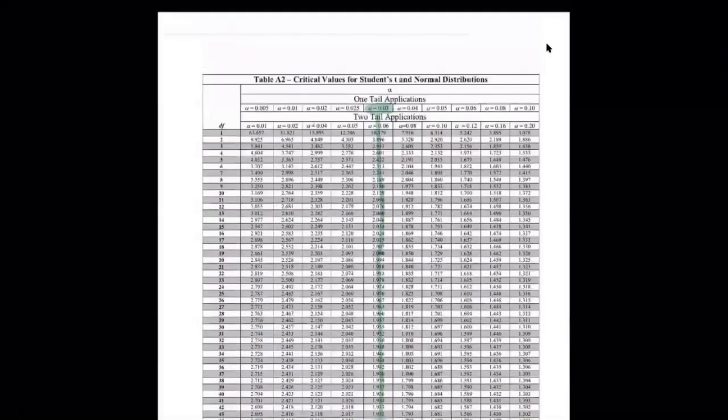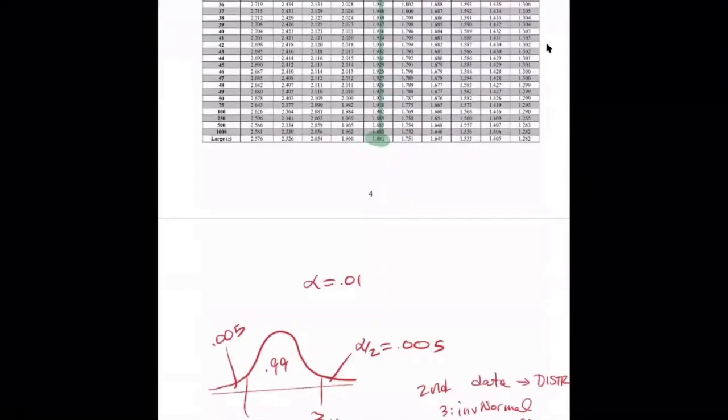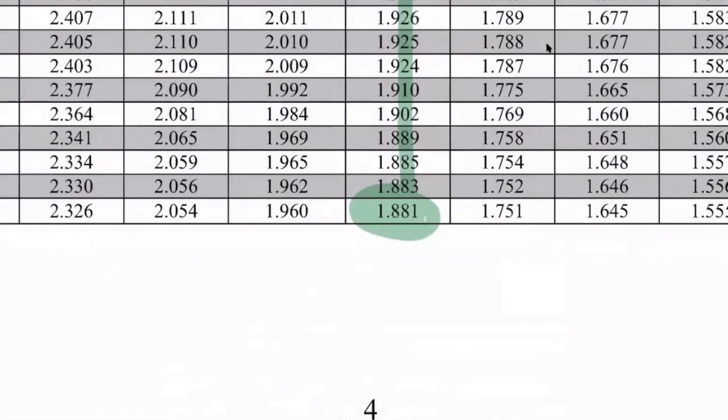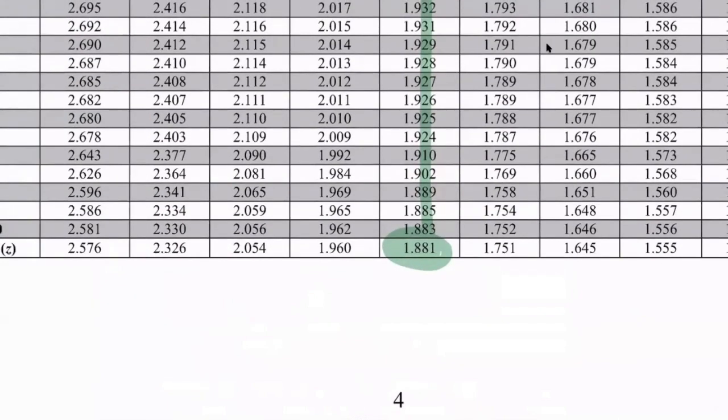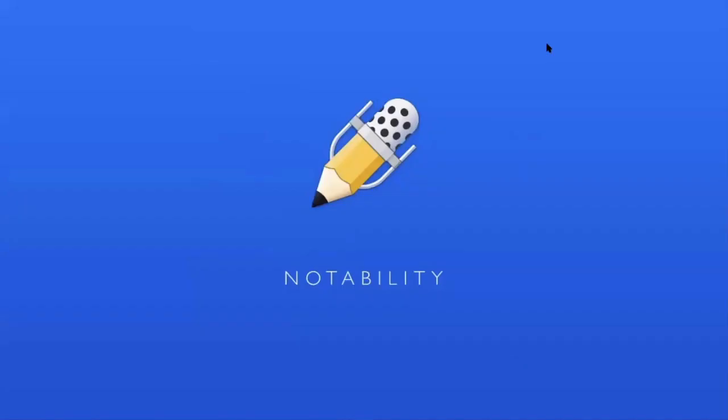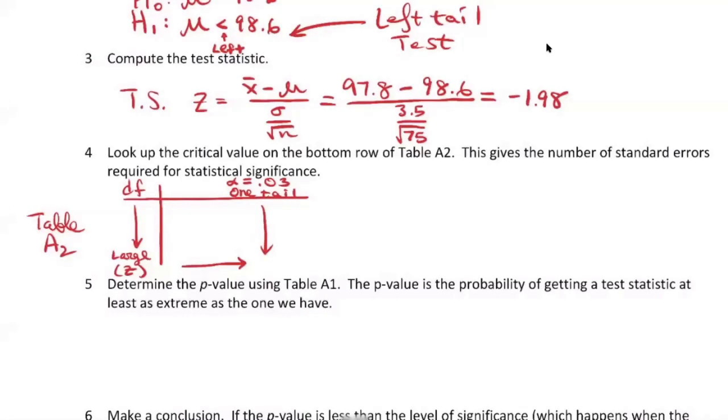Make sure you got that. One tail, 0.03, looks like 1.88. That's the number of standard errors for statistical significance. Any questions? Okay, so it says 1.881 standard errors.